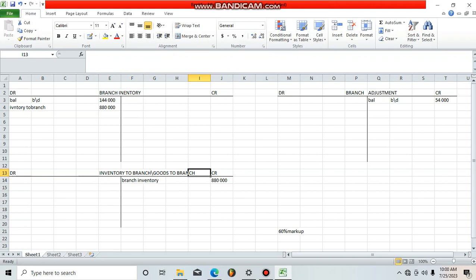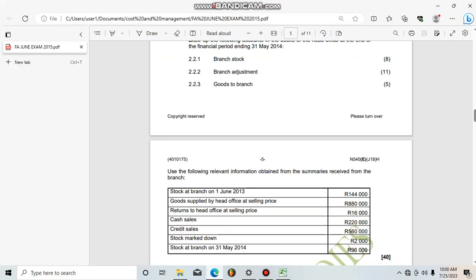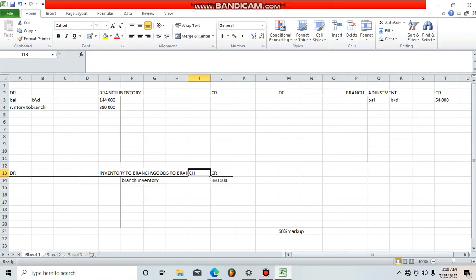Okay, so let's go back to additional information. The goods returned to the head office at selling price. This time the goods were returned at selling price, 16,000. Remember, the returning of goods, we record them here as inventory to branch, 16,000.